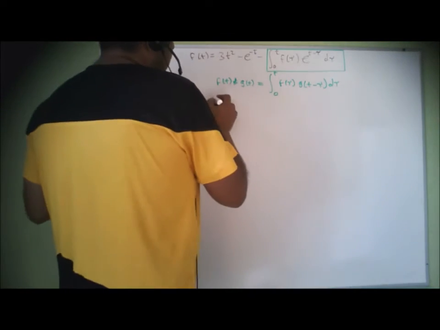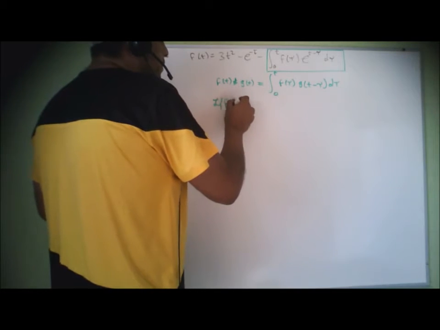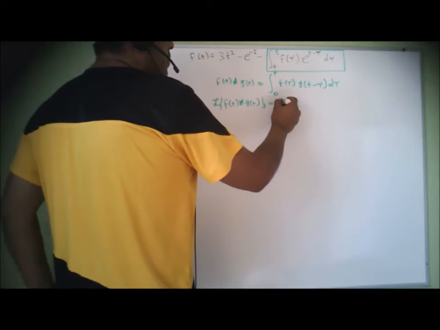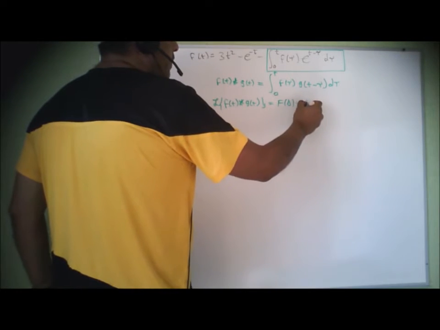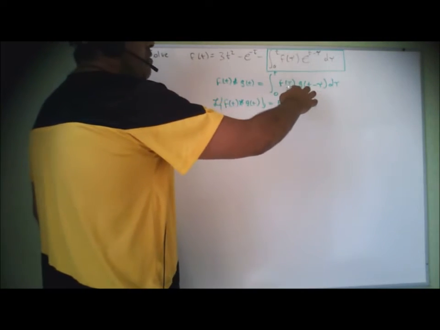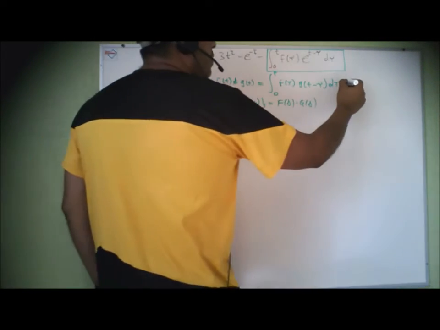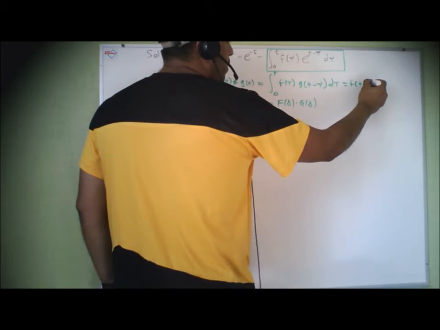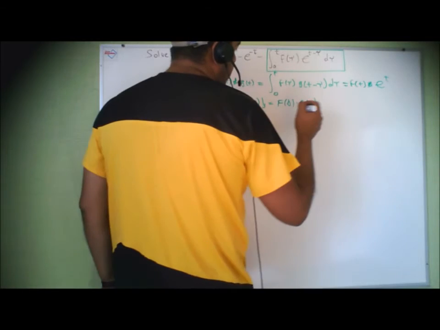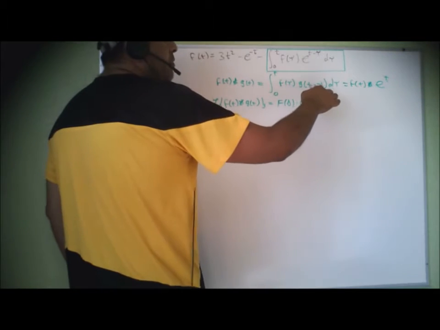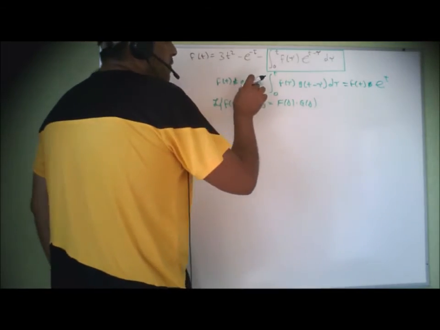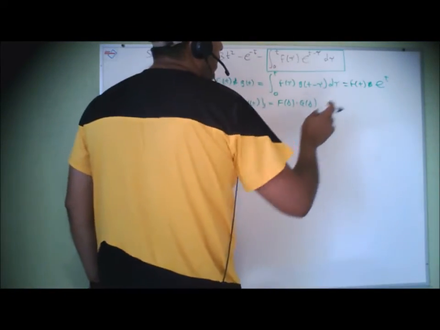And let me remind you, the Laplace transform of the convolution is just F of s times G of s. So as you can see here, this integral is a convolution of f of t with e to the t. Here g of t minus tau is e to the t minus tau. So that means g of t is just the exponential, and here is the f of t.